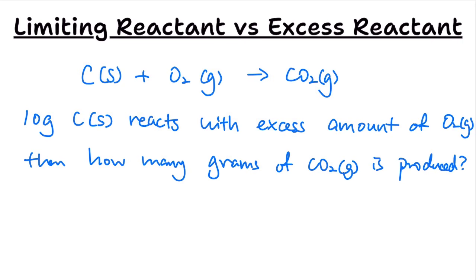So in this situation, only the amount for one of the reactants is given, and the amount for the other reactant is not given. But given that oxygen is in excess, which means there's abundant oxygen, the amount for the products totally depends on the limiting reactant.